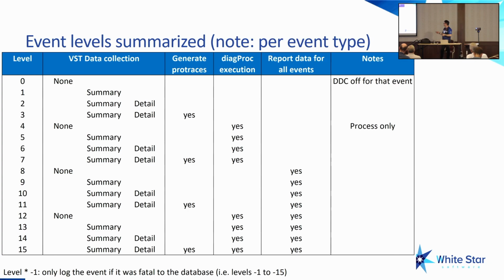And also, you'll notice that when we generate ProTraces, that's only when we're collecting both summary and detailed data. And that matters in particular with the lock table overflow event type because for the LTO, detailed means dump the entire lock table. And we'll see the effect of that when you have big L of 1,000,000. You get some big files.